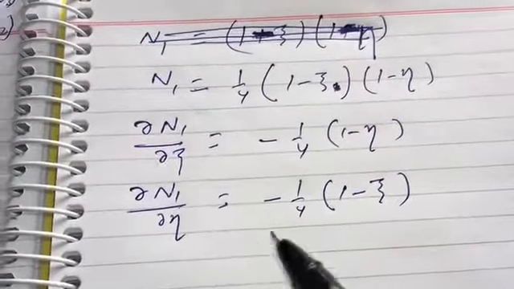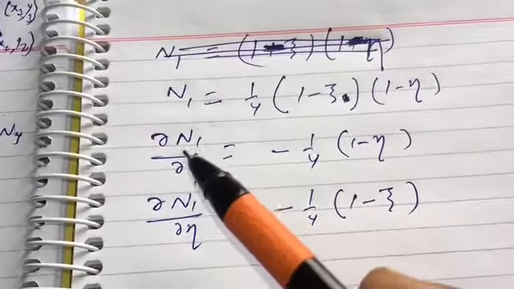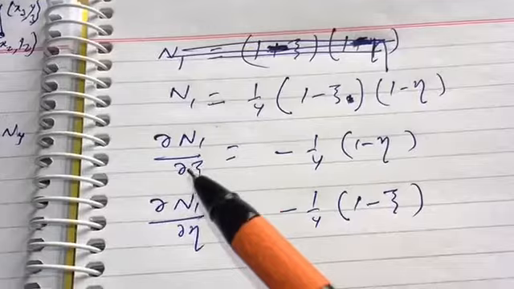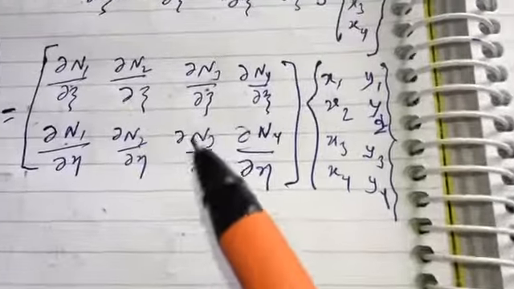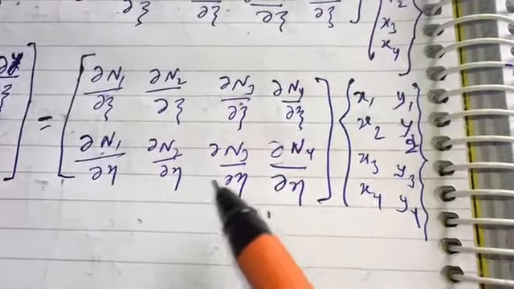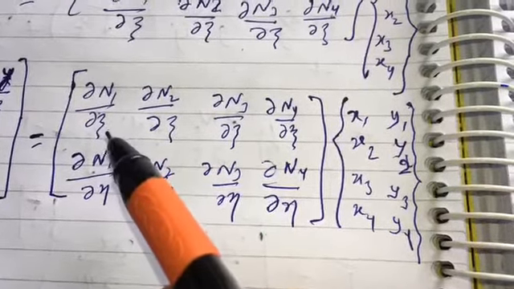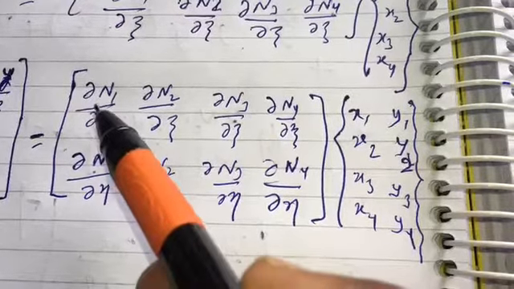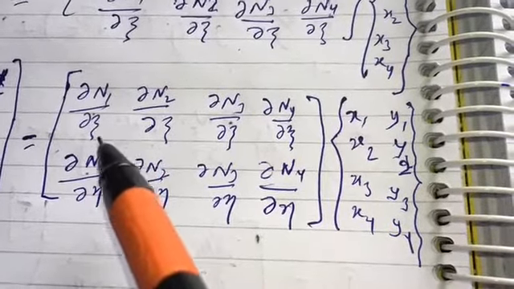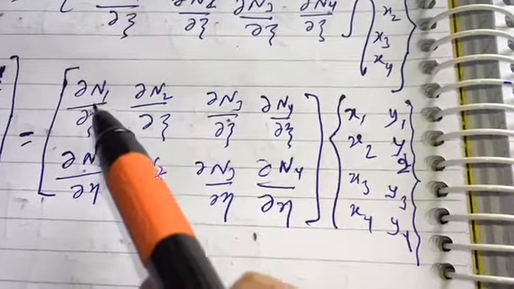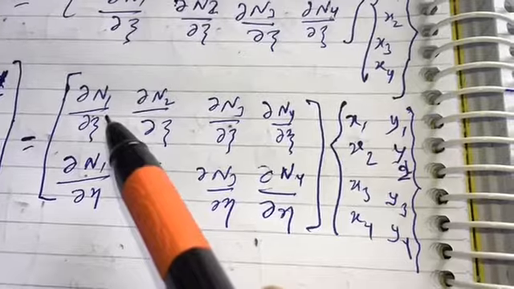So del N i over del xi can be similarly found out. What I meant is this matrix is known. We just calculated del N1 over del xi, which is equal to minus 1 over 4 times 1 minus eta, and similarly we get all these values, each of which will be a function of either xi or eta.